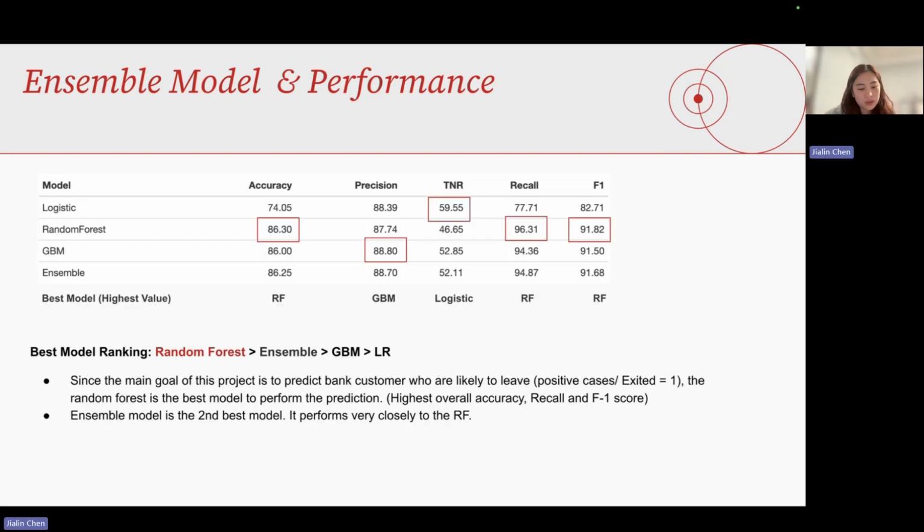Since our main goal is to predict customers who are likely to leave, random forest is the best model, with the highest overall accuracy, recall, and F1 score. The ensemble model comes in second. However, it is still considered a very effective model.